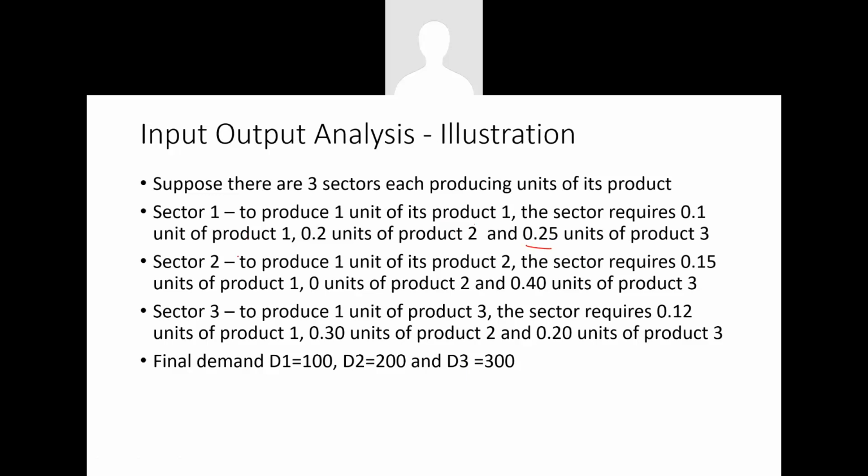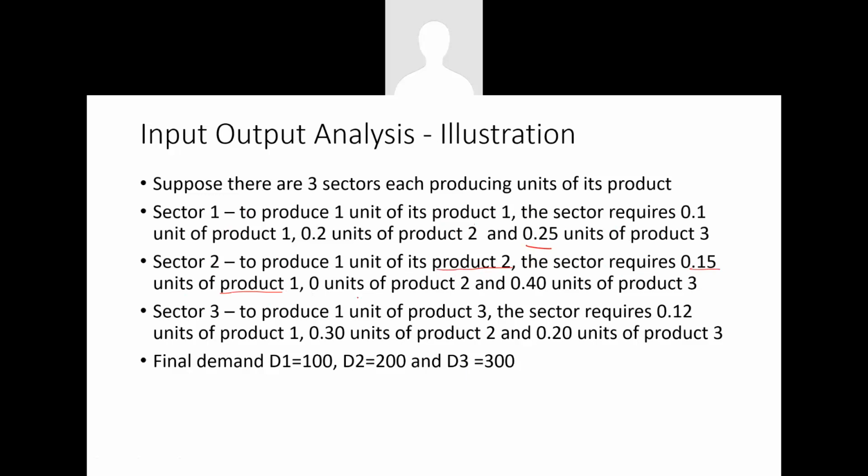That is what is the case in sector 1. Now sector 2 is producing the second product, product 2. Now to produce 1 unit of product 2, this sector requires 0.15 units of product 1. Okay, product 1 is actually manufactured in sector 1. So in order to produce product 2 in the second sector, it requires 0.15 units of product 1.